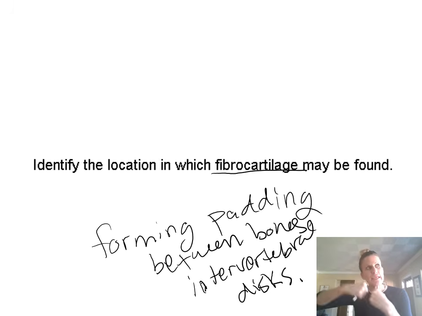Anywhere, like in the knee or in the back between the vertebrae, when you have two bones holding a lot of weight and pushing down on each other hard, we put this nice strong fibrocartilage pad between them, and it absorbs shock, so that the bones aren't smashing on each other hard.